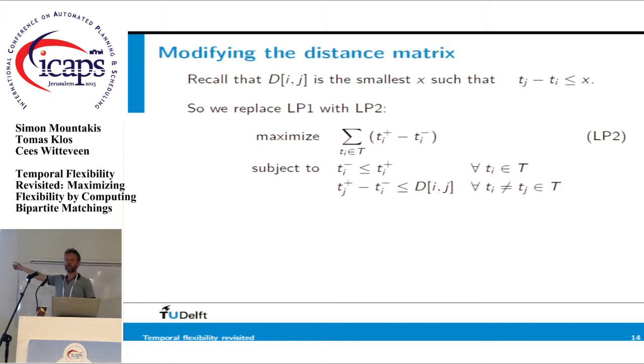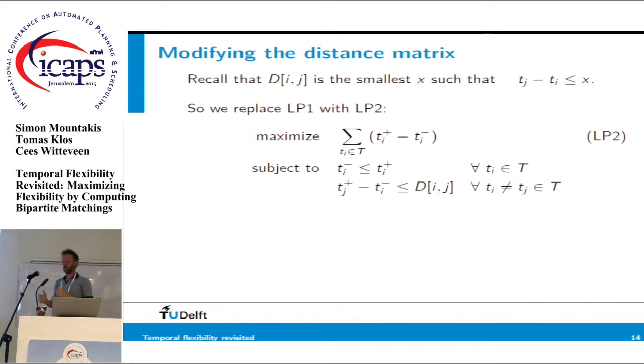Well, actually, it can't exceed D, the value in the distance matrix. But if you use this, then you have to say that Ti and Tj are unequal to each other, because the values on the diagonal are all 0. So if you want to do this for Ti equal to Ti, then you're saying that the length of the interval assigned to Ti can't exceed 0, which is, of course, not what you want.